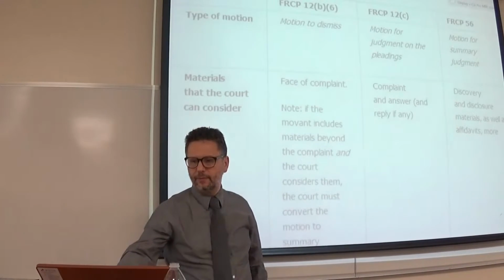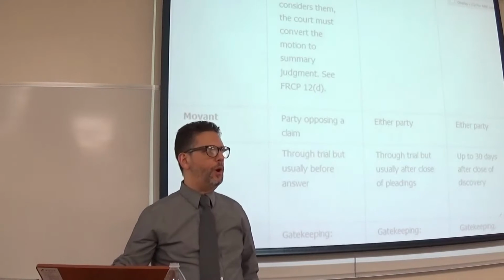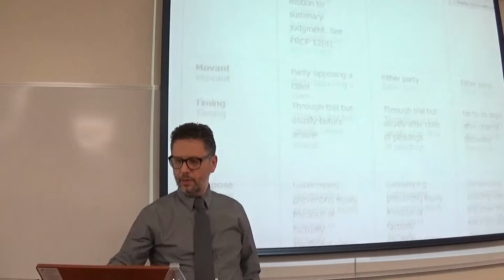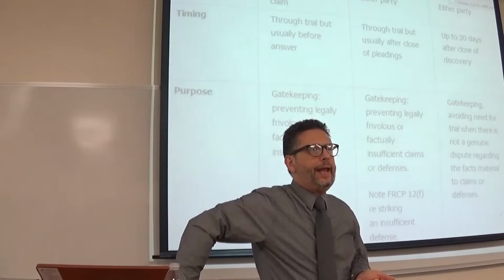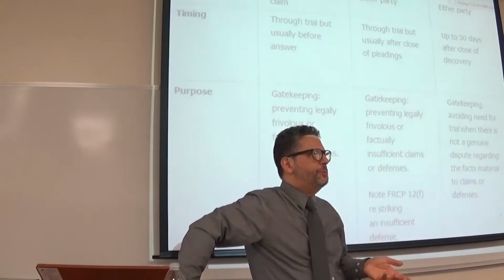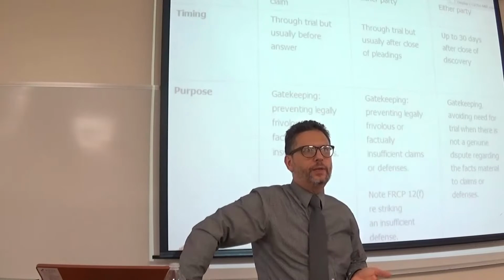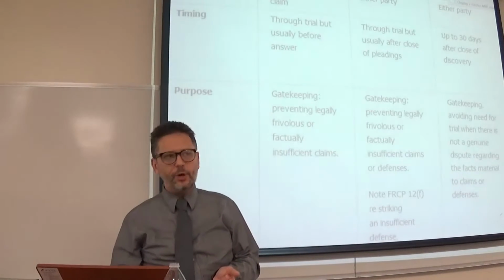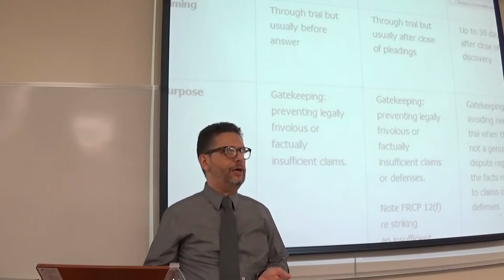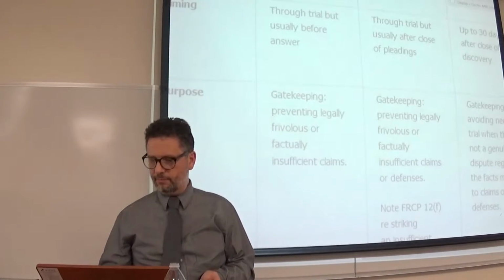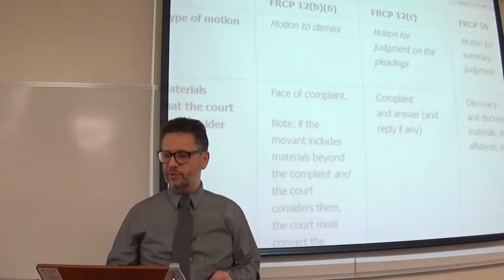We assume the well-pleaded facts to be true. Timing: a 12b-6 motion can be done through trial technically, but as a practical matter, it's usually very early in the litigation, right? And the purpose is gatekeeping. Get rid of claims that are legally or factually frivolous. Easy. Well, Iqbal's not that easy.